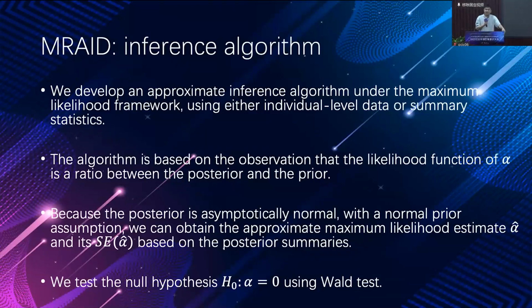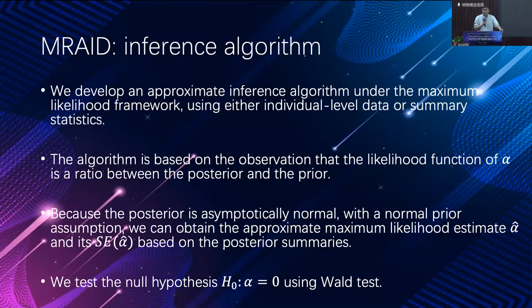Under this modeling framework, we developed an approximate inference algorithm in the maximum likelihood framework using either individual-level data or summary statistics. The algorithm is based on the observation that the likelihood function of the causal effect alpha is a ratio between the posterior and the prior.